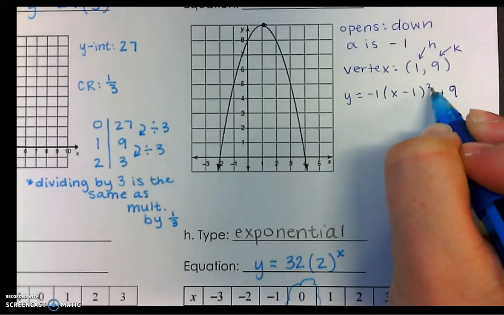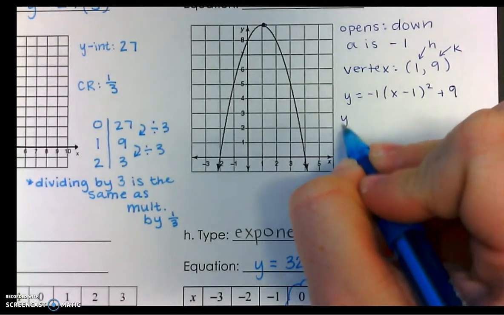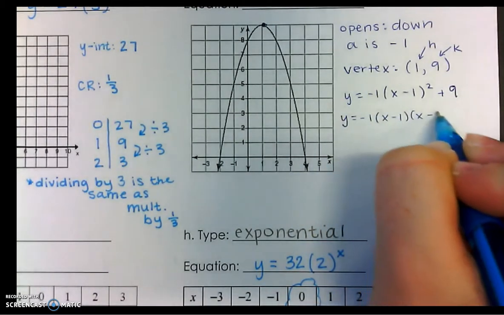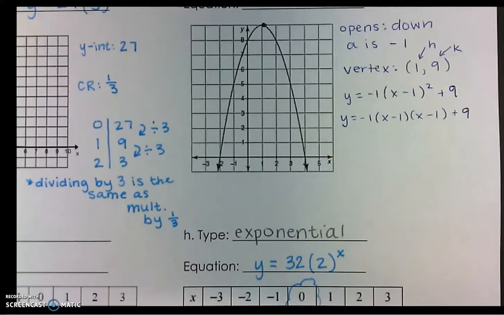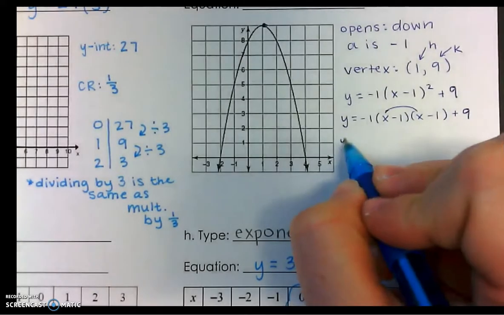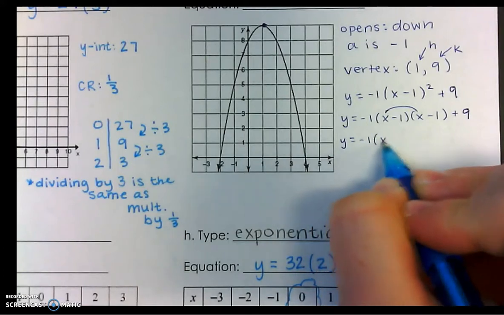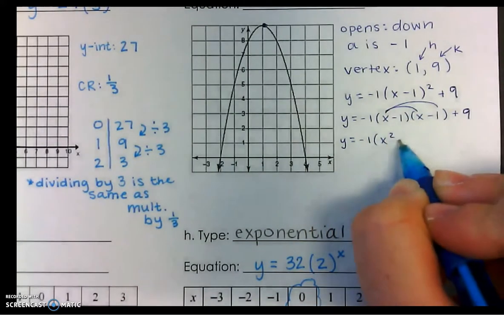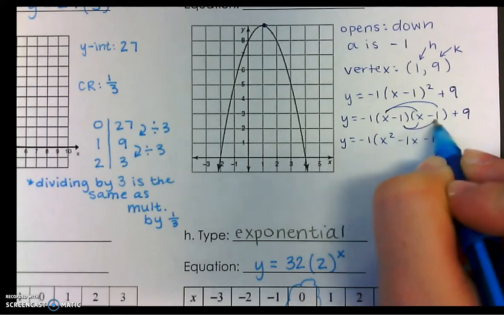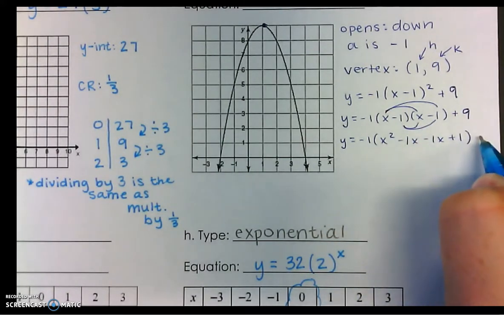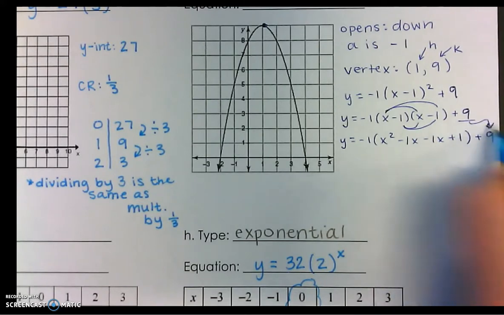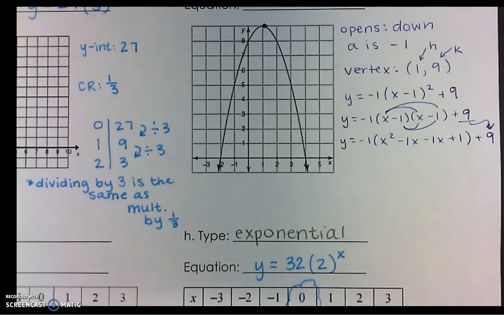Remember that whenever you're squaring something, it's just multiplying that by itself. So I'm going to write that x minus 1 twice. Now I'm going to distribute. x times x is x squared, x times negative 1 is negative 1x, negative 1 times x is negative 1x, negative 1 times negative 1 is positive 1, and then I still have that plus 9 at the back that I need to bring down.